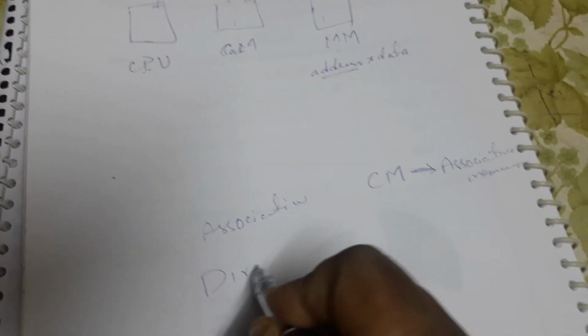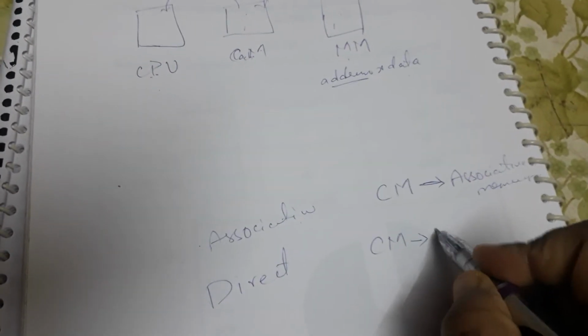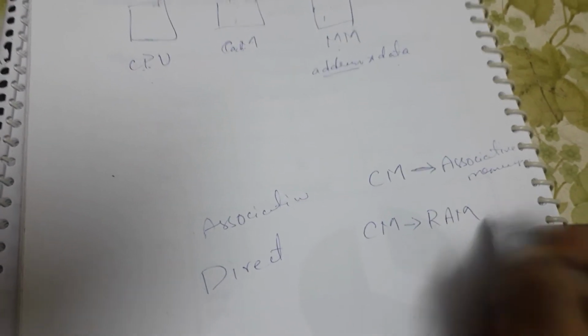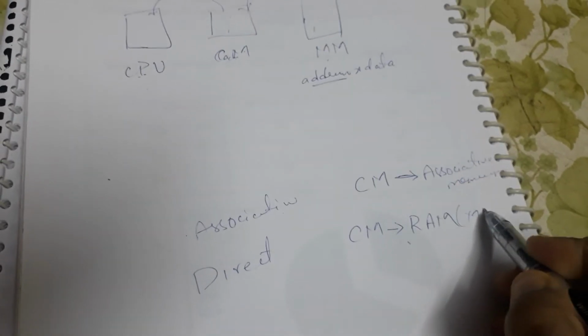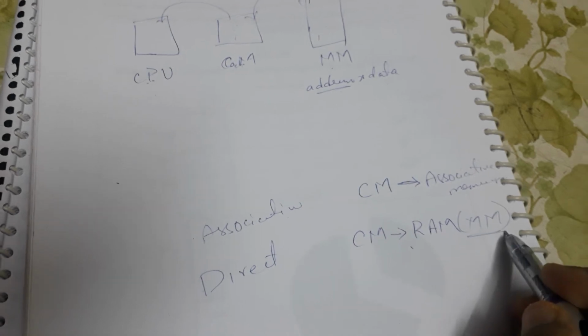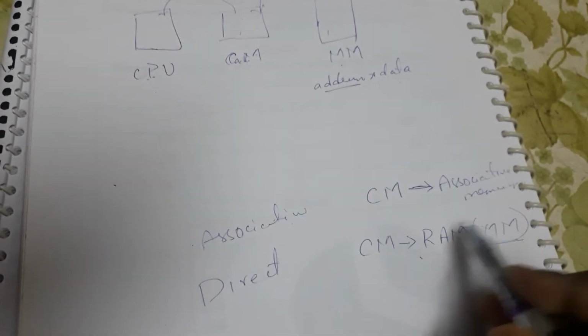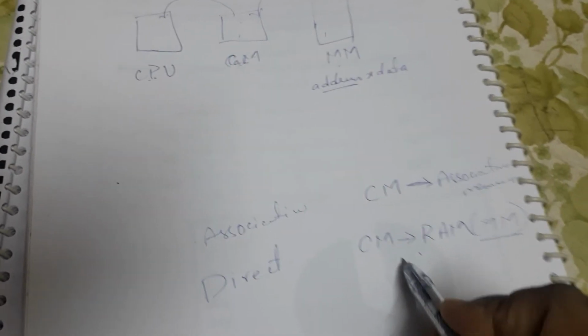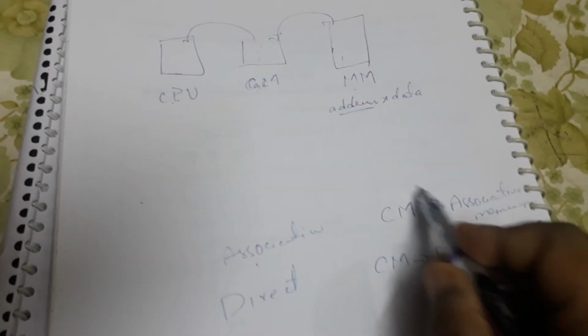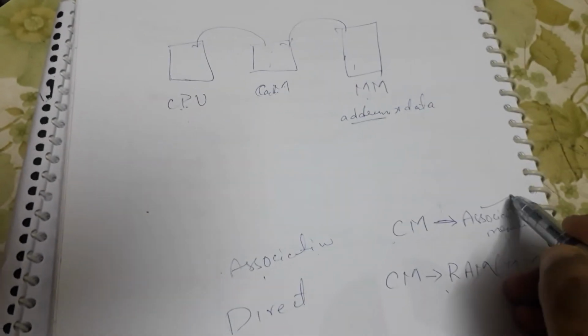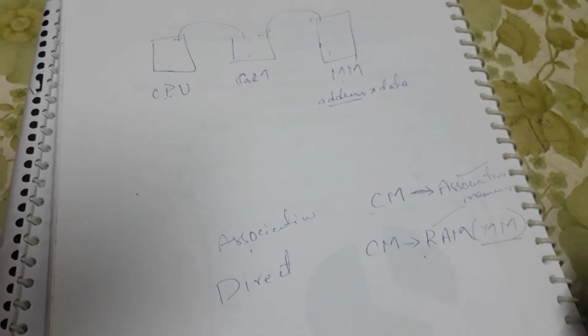In direct mapping, the cache memory has the feature of RAM, like how our normal main memory generally is. In the same way, the cache memory is also built. Whereas in associative mapping, the cache memory is built with the characteristic of an associative memory, another type of memory which is different from RAM.